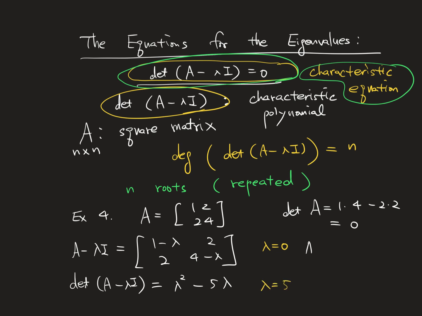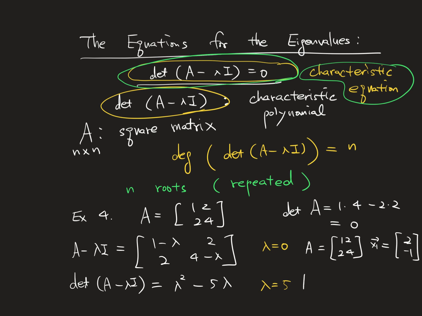And A is 1, 2, 2, 4. So the eigenvector x1 will be 2, minus 1. You can verify that: you multiply A and you get a 0 vector.